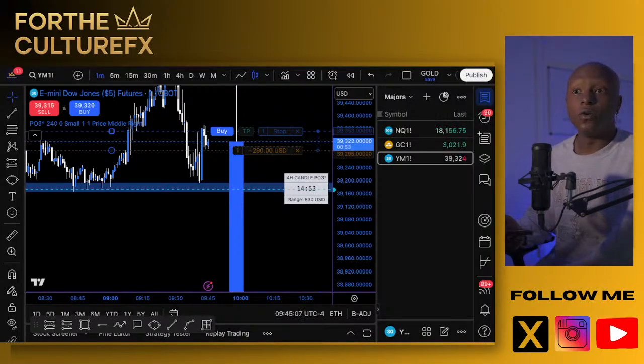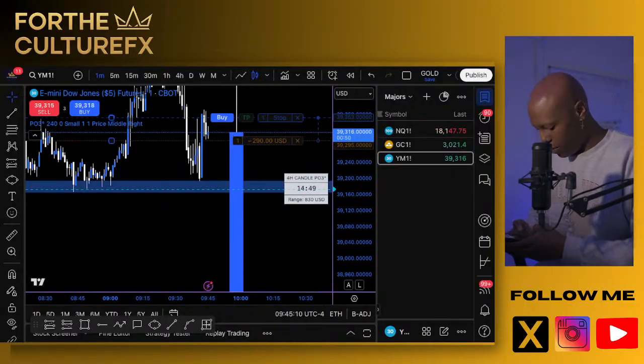All right, so candle just opened up here. We got to wait for the first 1 minute candle to close bullish.